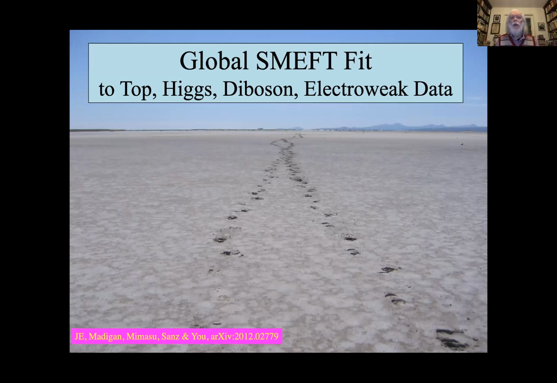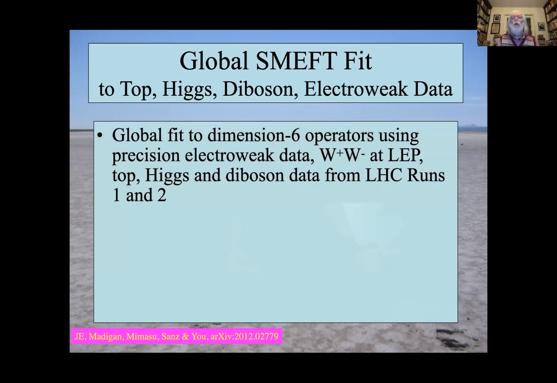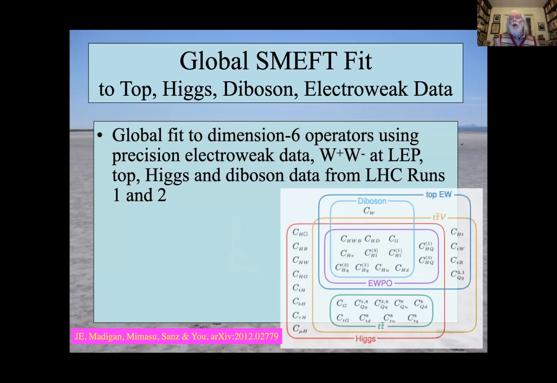So now I want to spend a little bit of time discussing a global fit to the standard model effective field theory using top, Higgs, diboson, and electroweak data that Maeve Madigan, Ken Mimasu, Veronica Sanz, and Tevong You and I put out just a few days ago. So here you see, in a somewhat simplified form, some of the operator coefficients that appear in a global fit.